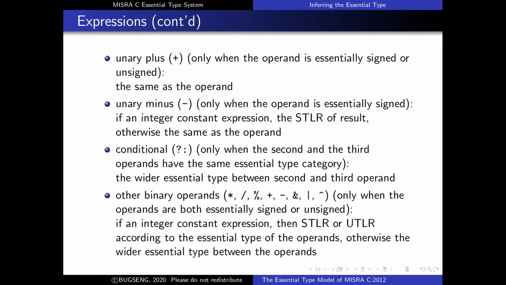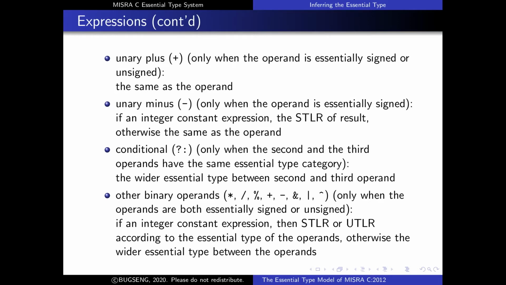Okay? Unary plus, only when the operand is essentially signed or unsigned, the essential type category is the same as the operand. The unary minus, only when the operand is essentially signed, note this for a change. If the result is an integer constant expression, then you take the STLR of the result, and otherwise it is the same as the operand.